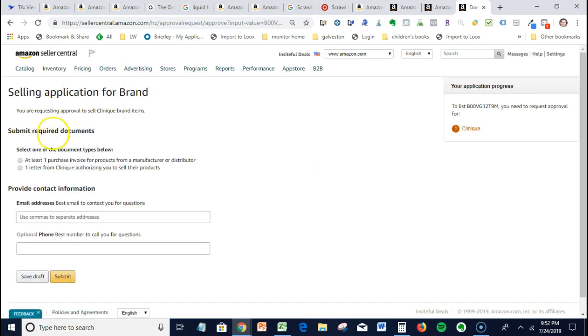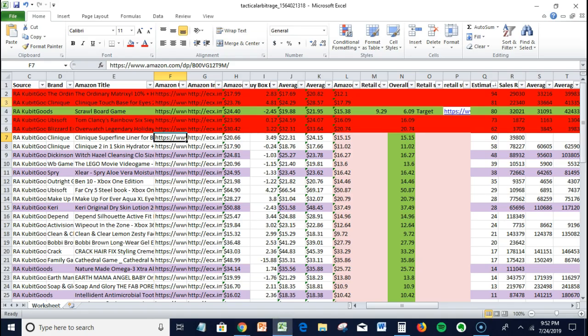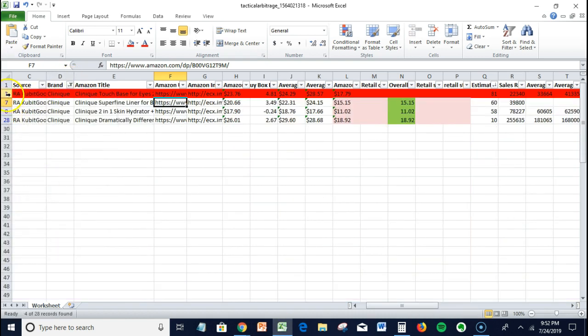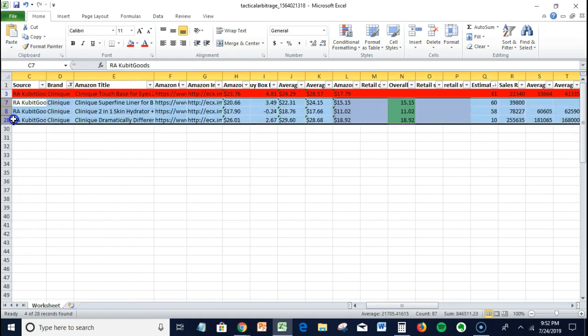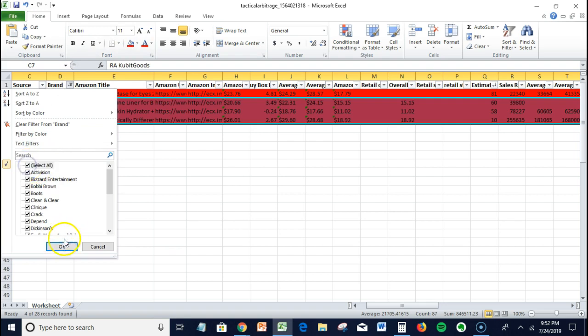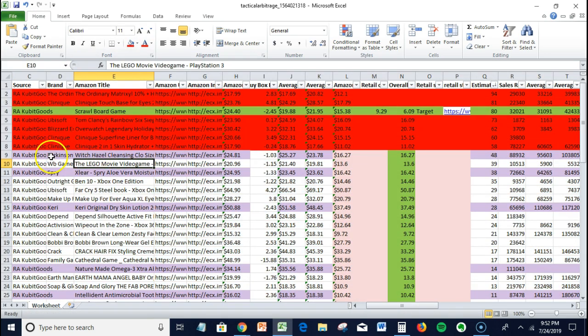But a big brand like Clinique, it's very unlikely. So when you see this, it means I'm not approved. Any of these brands that are Clinique, just a little trick here: you filter by Clinique and make all these red. So we know all those are going to be restricted. Then we'll keep on going, and you'll save some time.